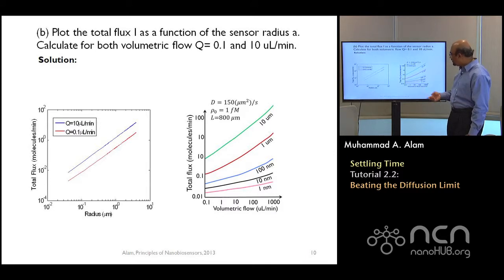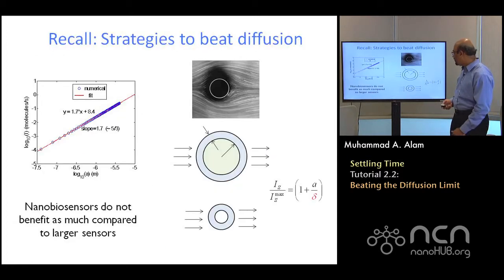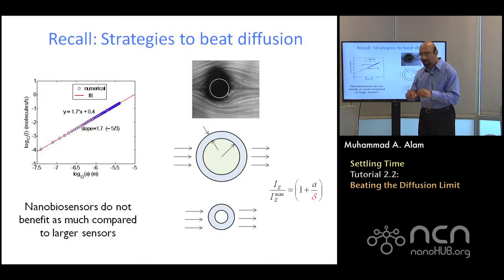The point I wanted to make is that when you are talking about nanosensors, nanobiosensors, 10 micron versus 1 nanometer, yeah, you do get some increase, but the reduction is dramatic. So it doesn't really give you as much in terms of net enhancement. And I explained why that is the case. But hopefully by now, once you put all the equations in the formula, this is the numerical result.